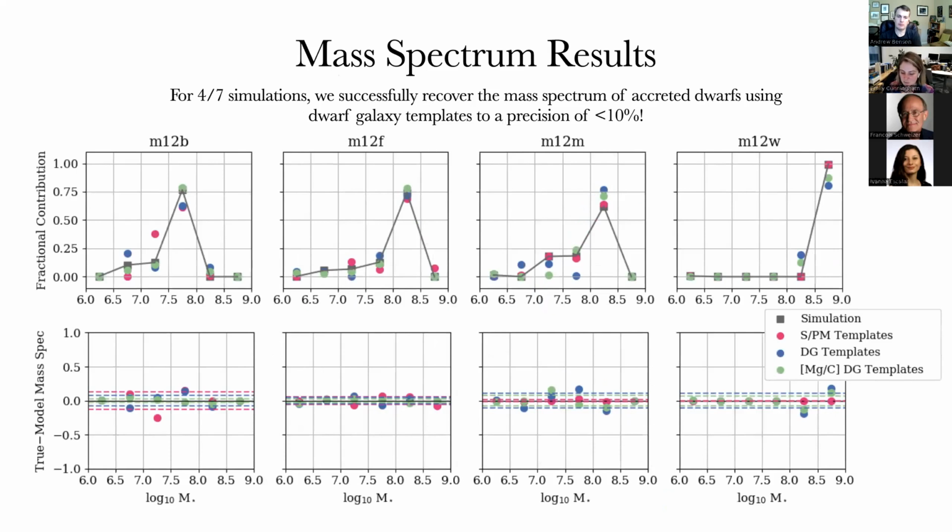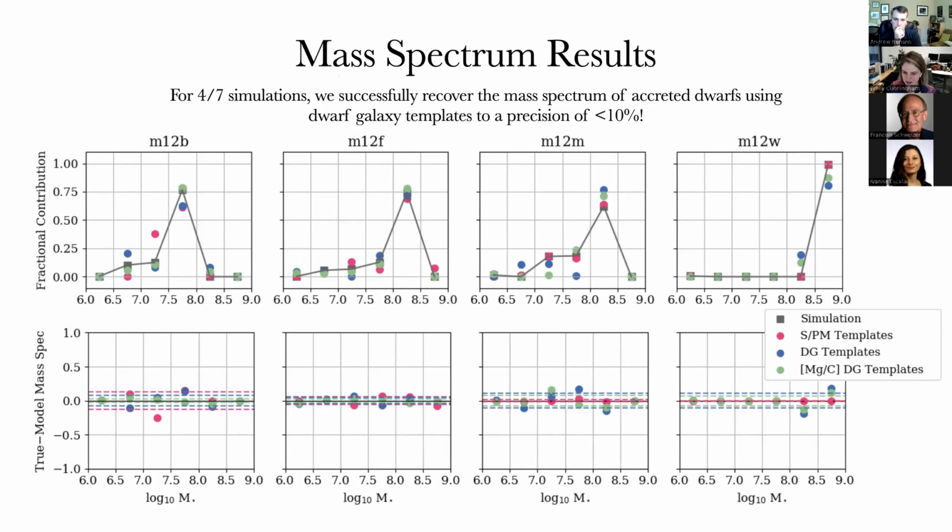And the good news is that M12F is not totally unique. It might be our best case scenario, but we do recover the mass spectrum of accreted dwarfs to within 10% using our dwarf galaxy templates for 4 out of the 7 Latte halos, which is pretty exciting. It was better than I thought it was going to do.